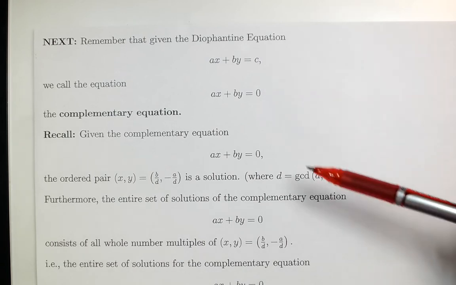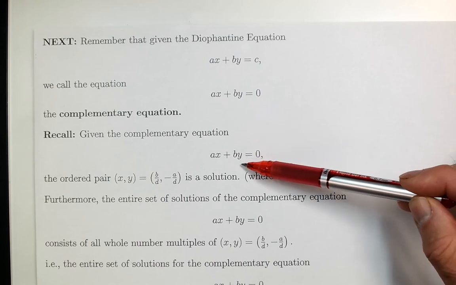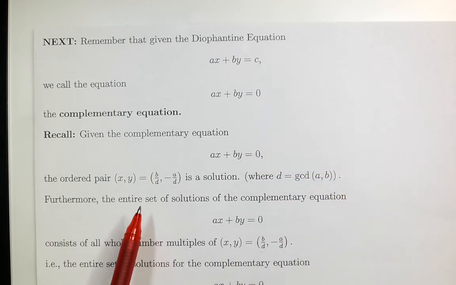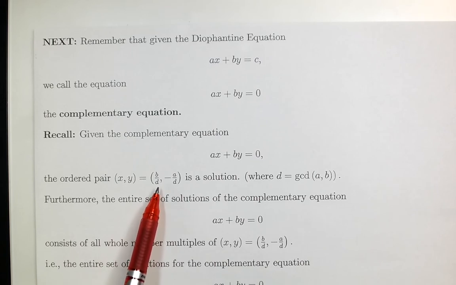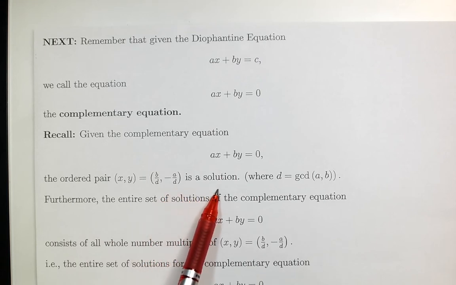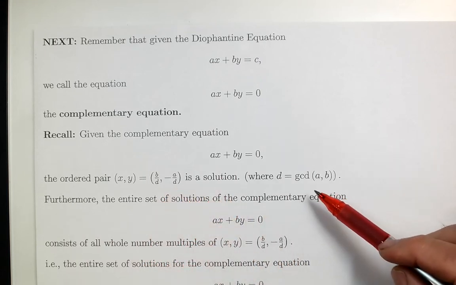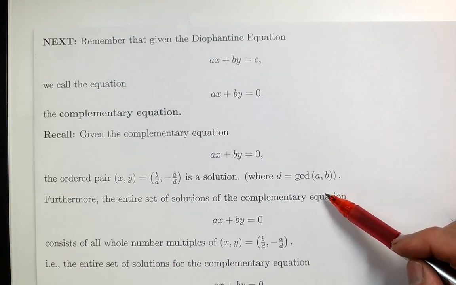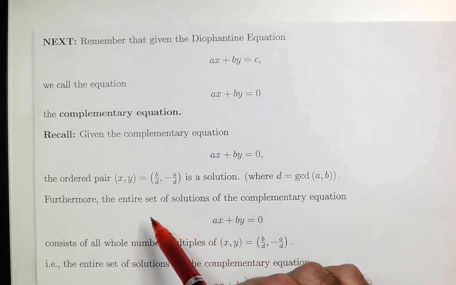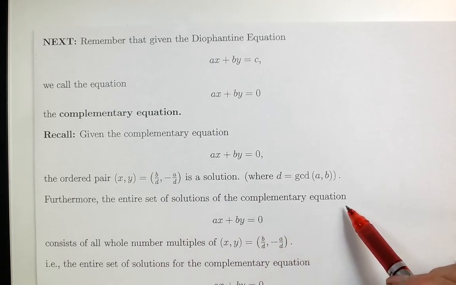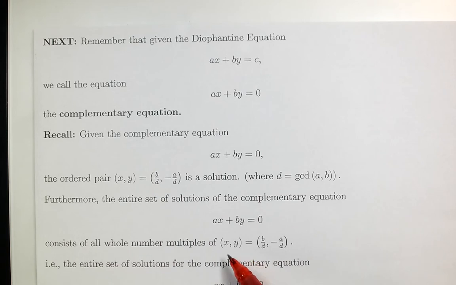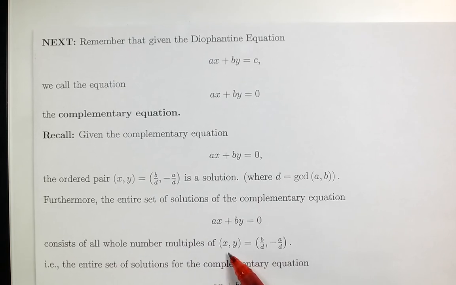And remember also, given the complementary equation ax + by = 0, the ordered pair x = b/d, y = -a/d is a solution. And here, d is the greatest common divisor of a and b. Furthermore, the entire set of solutions of the complementary equation consists of all whole number multiples of this solution.